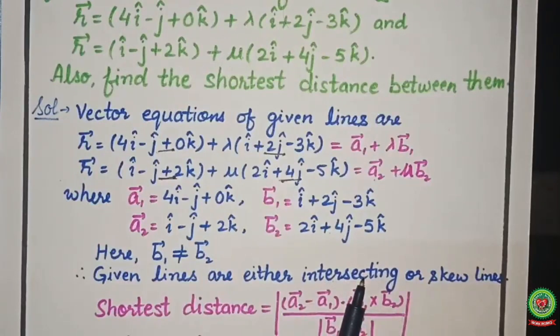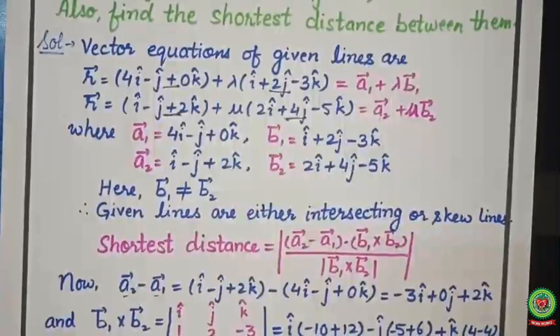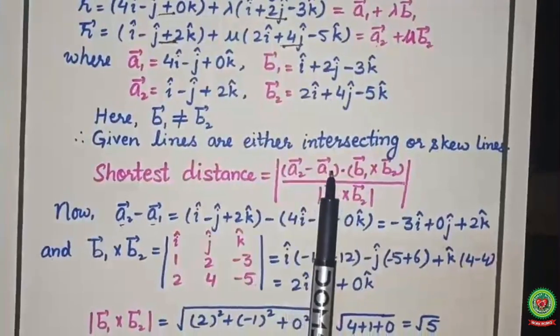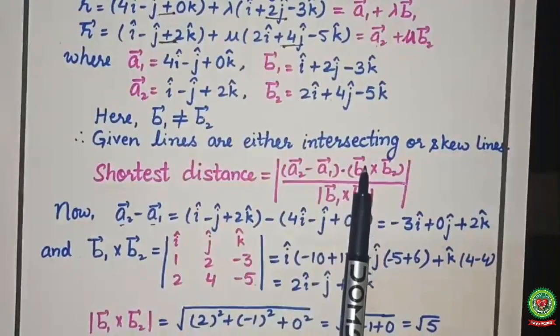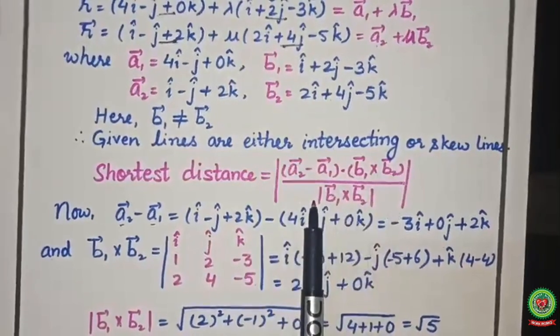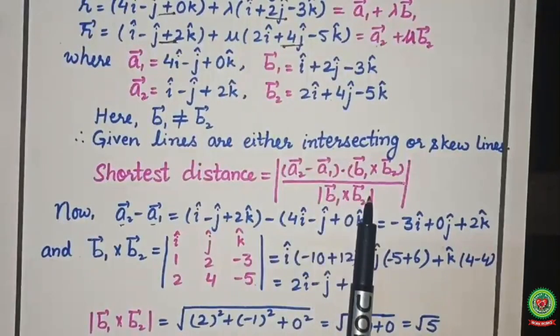Because in intersecting lines, we know that distance is equal to 0. And in skew lines, it may have some value. So we will check by finding the shortest distance between these two lines, whether they are intersecting or skew lines. Now shortest distance formula is mod of (a2 vector minus a1 vector) dot (b1 vector cross b2 vector) upon mod of b1 vector cross b2 vector.